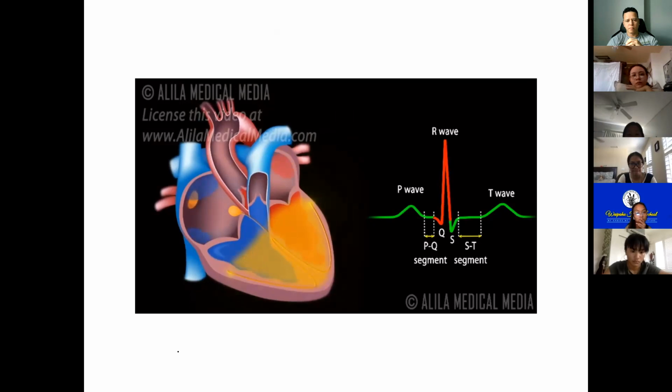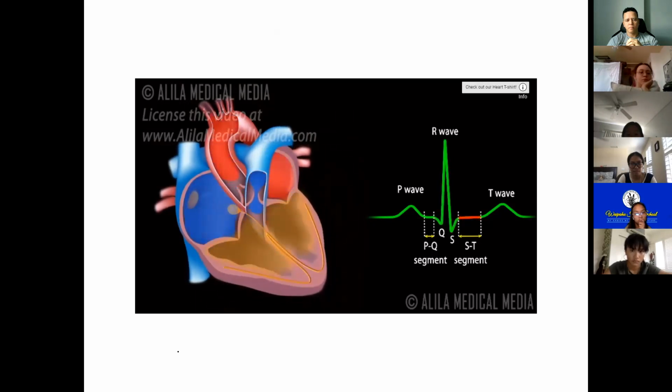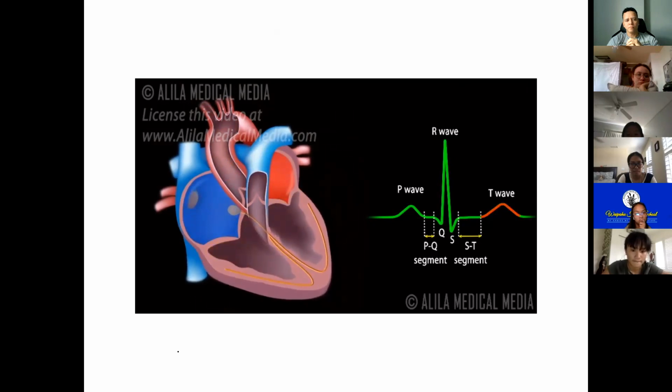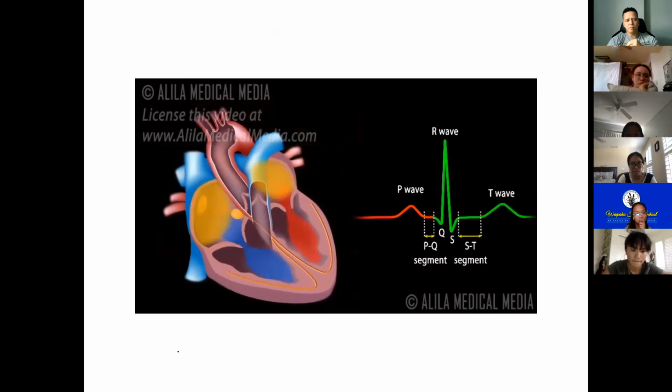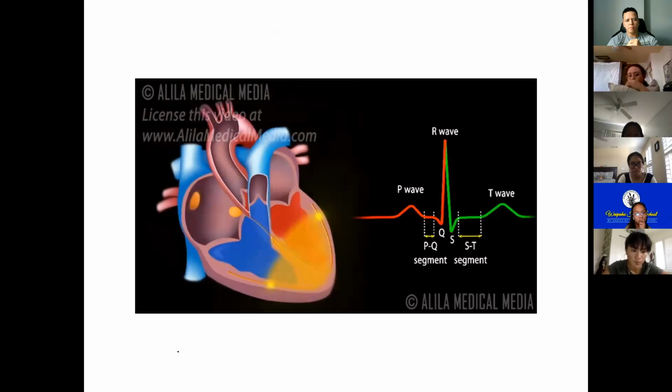S wave represents the last phase of ventricular depolarization at the base of the heart. Atrial repolarization also occurs during this time, but the signal is obscured by the large QRS complex. The ST segment reflects the plateau in the myocardial action potential. This is when the ventricles contract and pump blood. The T wave represents ventricular repolarization immediately before ventricular relaxation or ventricular diastole. The cycle repeats itself with every heartbeat.